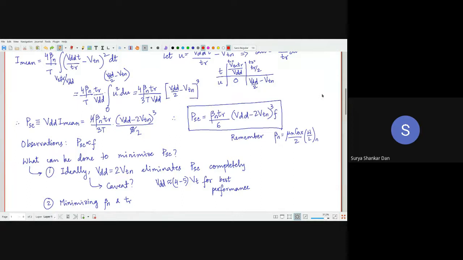Again, the same exercise that we did for the PSW, that means switching power के लिए जो हमने किया था. What are the factors it is depending on? First of all, as I reiterated in our previous lecture, any kind of dynamic power, whether it is short circuit power या फिर switching power, is directly dependent on the frequency of operation.